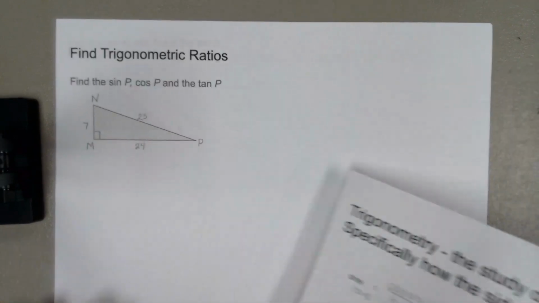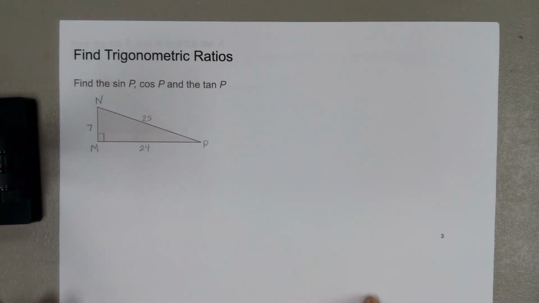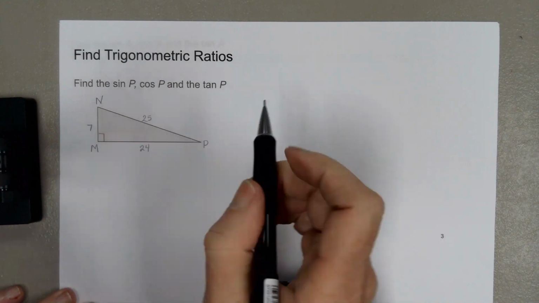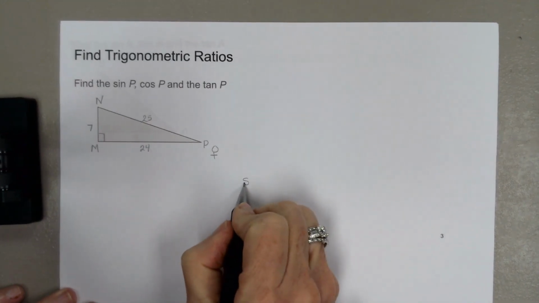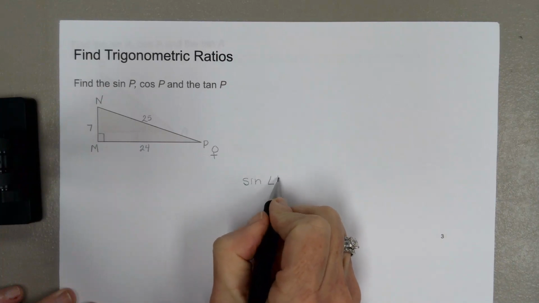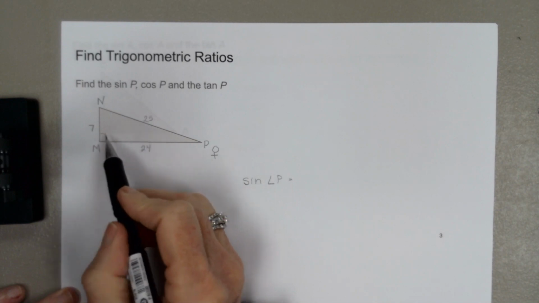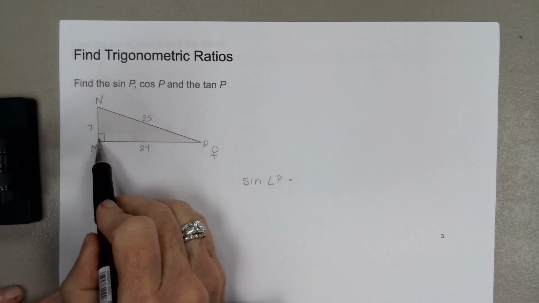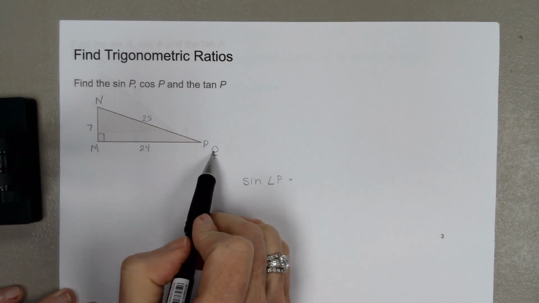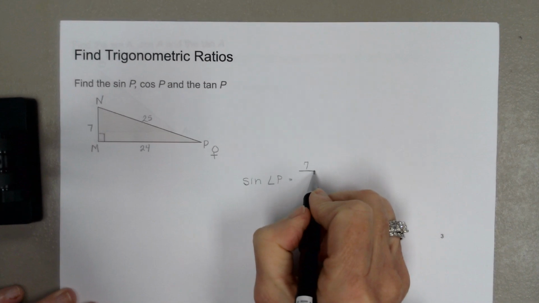So let's put some numbers with this. It says find the trigonometric ratios, and you're going to be standing at P. So I'm going to put a little figurine there. The sine at angle P, I'm looking for opposite. Here, the hypotenuse is 25 because it's the side opposite the right angle. If I'm standing here, the opposite side is 7. So it's all about location.